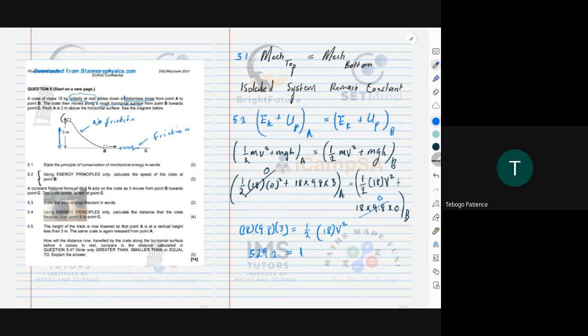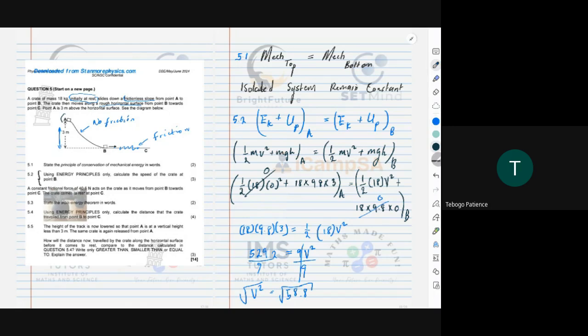So it's gonna be 9 v squared. Then divide by 9, then it goes away. The v squared equals to 529.2 divided by 9. So that is 58.8. Simply put your square root here.